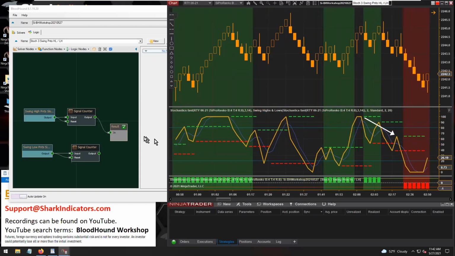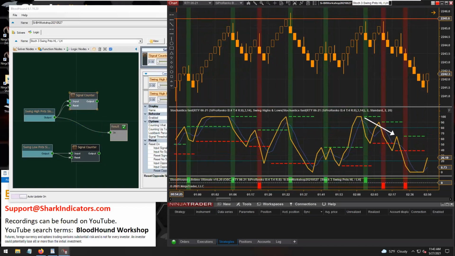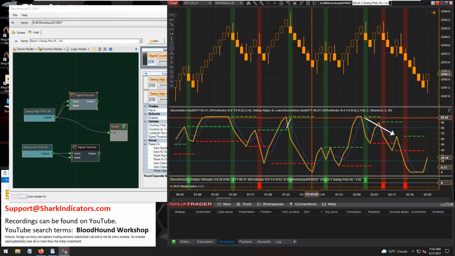So let's see what happens here. We have a swing high stepping up there, but obviously this swing high steps down. The problem is that there are 2 bars in the middle here, and there's no plot for these two bars.